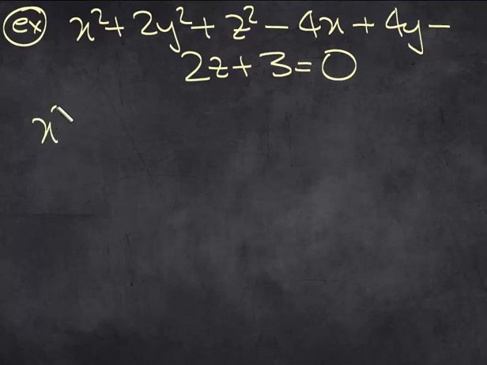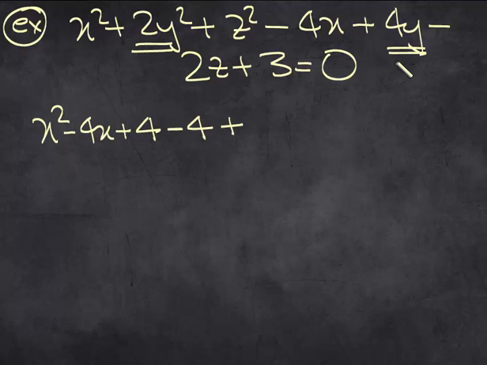So I'll have x squared minus 4x plus 4. Plus, and then I'll also have to do what? Minus 4 because we added the 4. Plus, I have the 2y squared and 4y, right? But remember, to complete the squares, can the leading coefficient be anything other than 1?